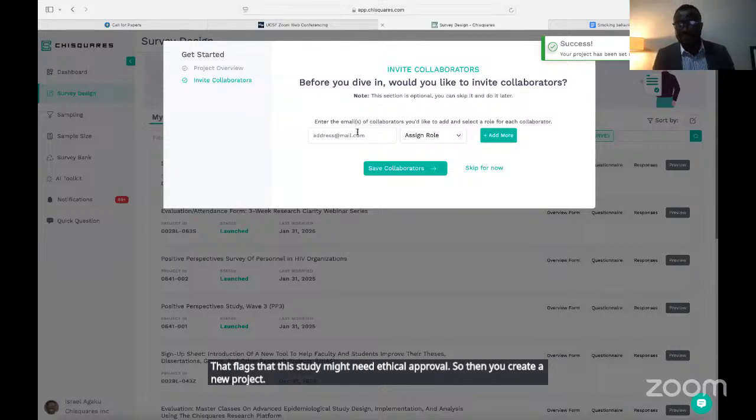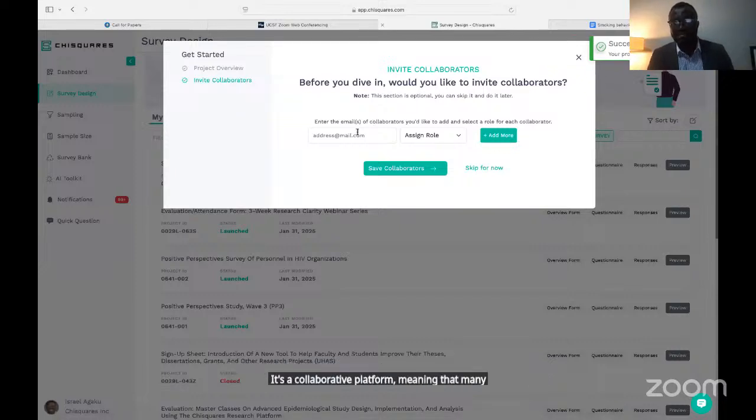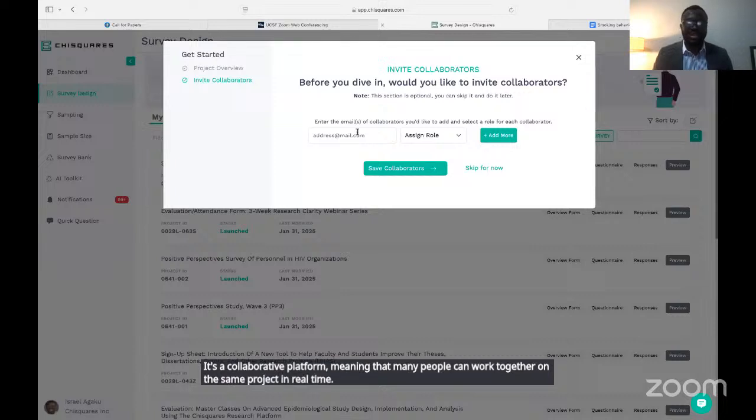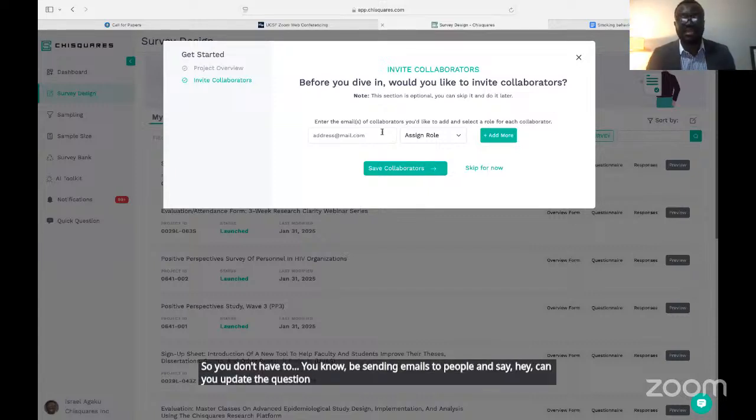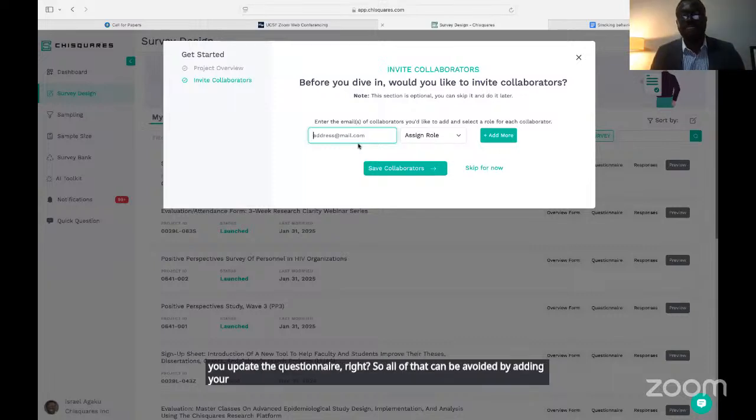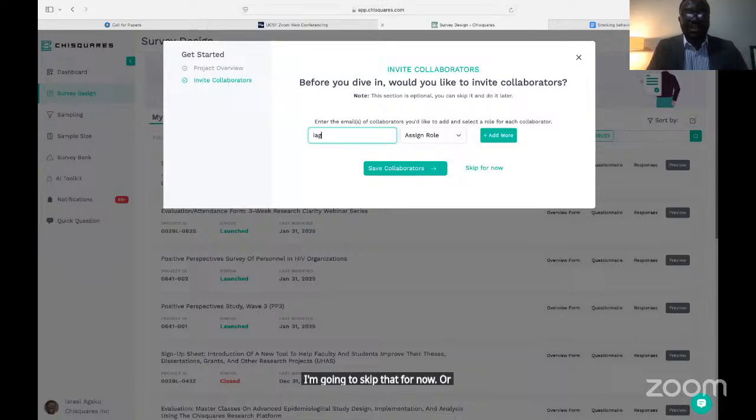It's a collaborative platform, meaning that many people can work together on the same project in real time. So you don't have to be sending emails to people and say, hey, can you update the questionnaire, right? So all of that can be avoided by adding your collaborators to your project. I'm going to skip that for now, or let me just put in an email just to show you how it's done.